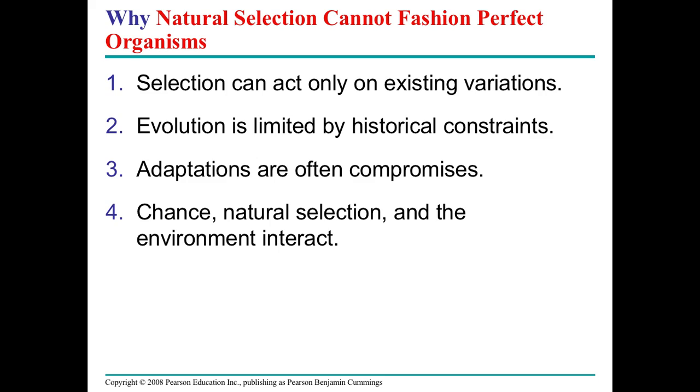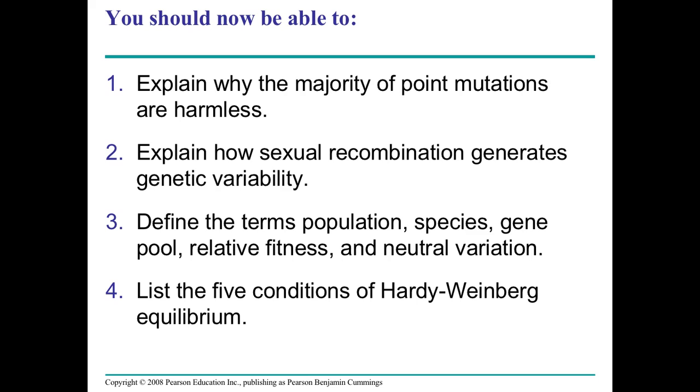Evolution is limited by things in the environment, things that have happened in history. Adaptations are actually compromises, one thing for the other. And then chance, natural selection, and the environment always interact with each other. So it's not perfect. You may be better for your environment, but no organism is ever going to be perfect because the environment is always changing.